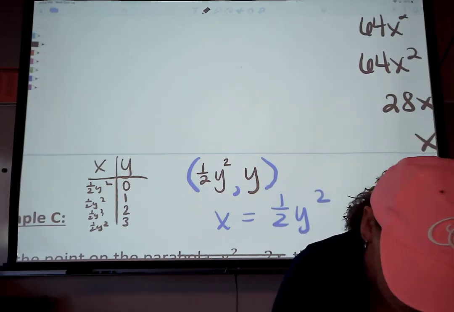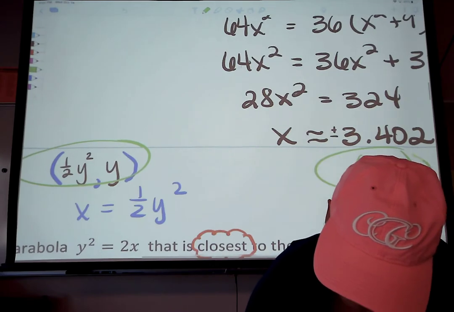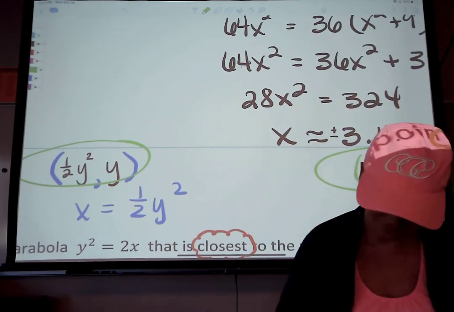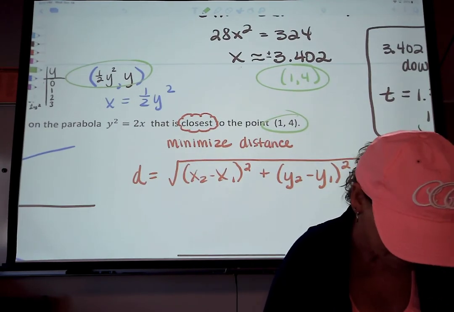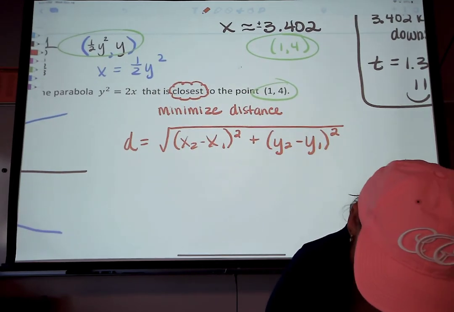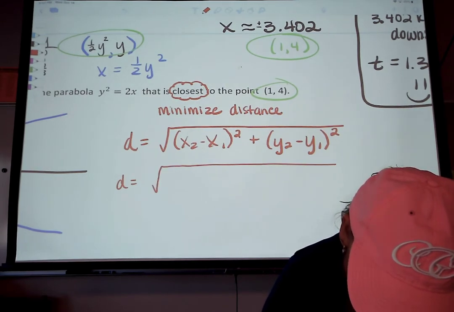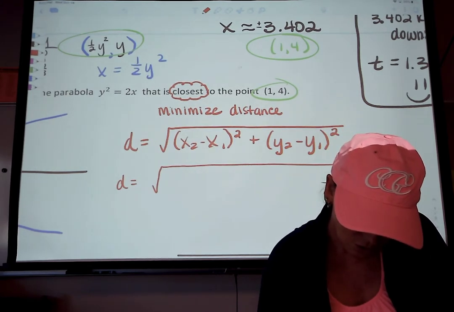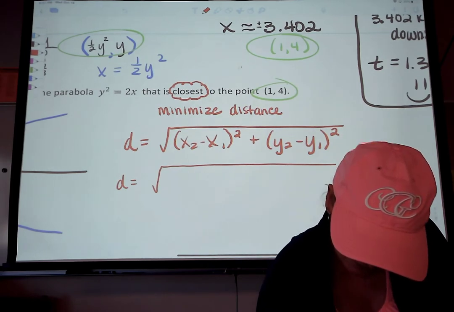So, there you go. You've got this ordered pair and this ordered pair. Put those ordered pairs in your distance formula. Distance equals, all right, I've got, subtract your x's.